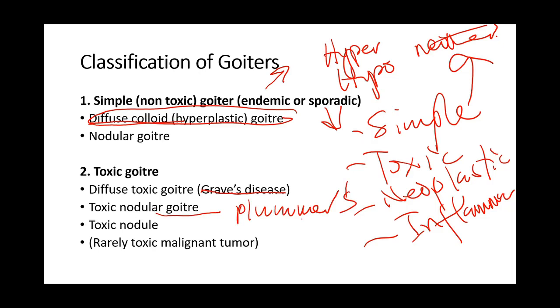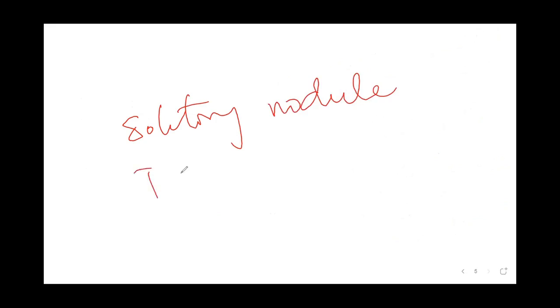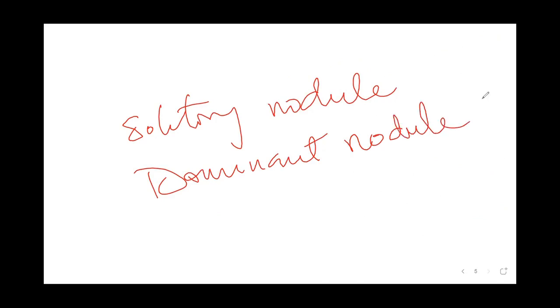And you should know the difference between a toxic nodule, okay, a solitary nodule, and a dominant nodule, okay? You should check the difference between a solitary nodule and a dominant nodule, okay?